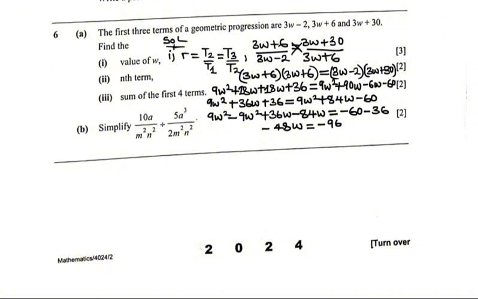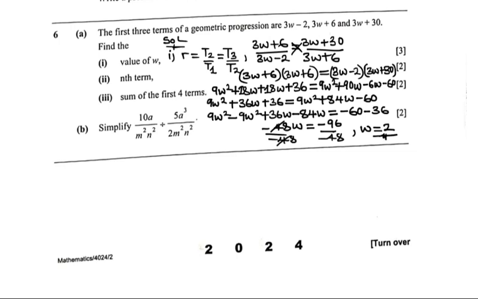To find the value of w, we divide both sides by negative 48. Negative 48 divided by negative 48 gives 1, so we get w equal to negative 96 over negative 48. Negative over negative is positive, and 96 divided by 48 gives 2.